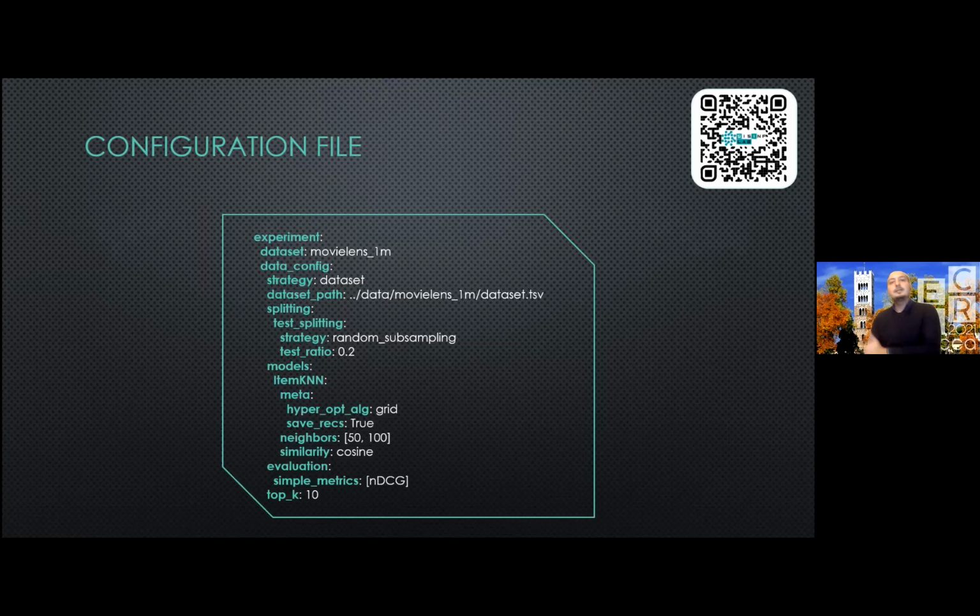So we decided to adopt another strategy, that is to create a very simple and clear configuration file, so that in the end you can write your configuration file and run it. This configuration file will contain all the important information that makes your experiment reproducible.